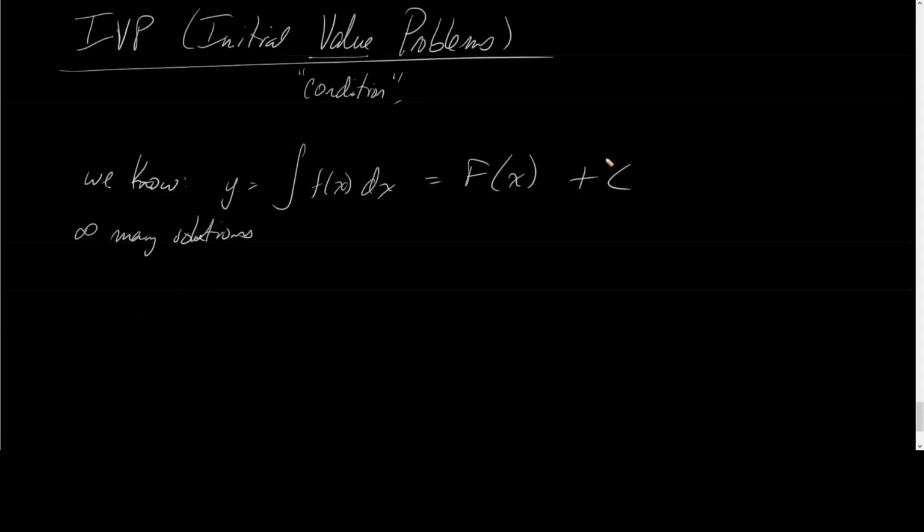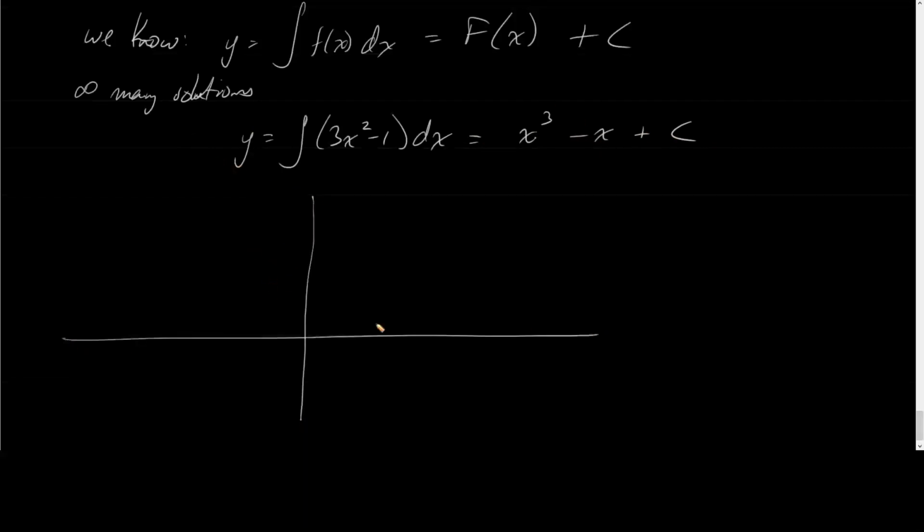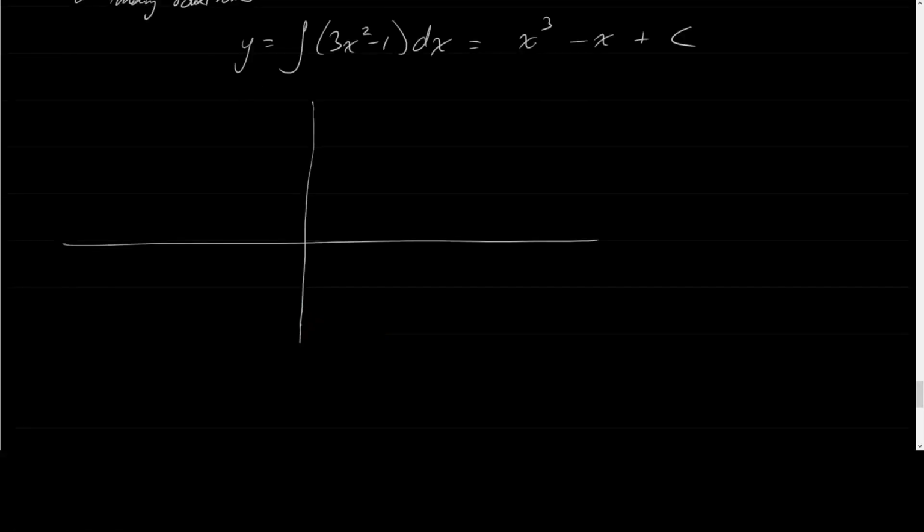But for example, if I had this antiderivative of 3x squared minus 1 dx, this became x cubed minus x plus c. Now, that function, x cubed minus x plus c, what does that look like? If I just look strictly at x cubed minus x, here in yellow, that function would look something like this.